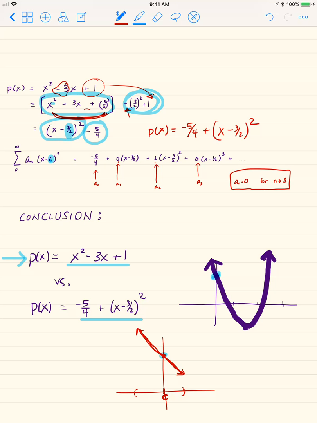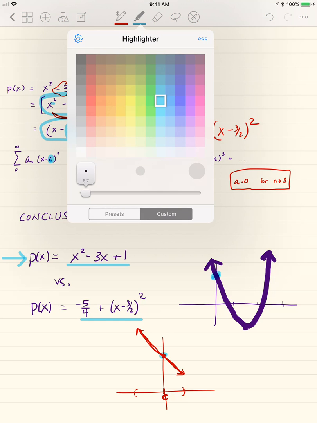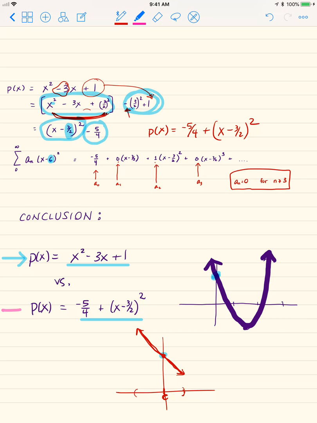Whereas for the second one, when we complete the square, what we've been doing all this time is recentering the power series. So here, the center is at 3 halves.